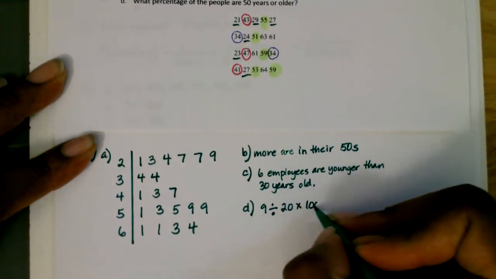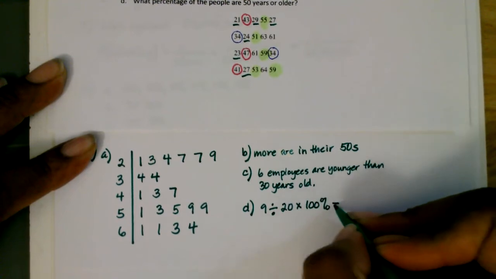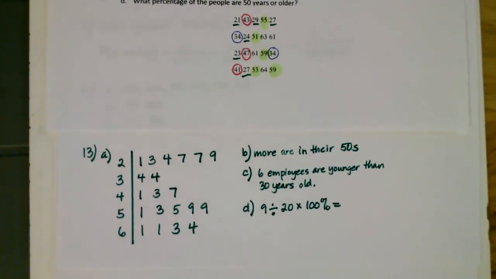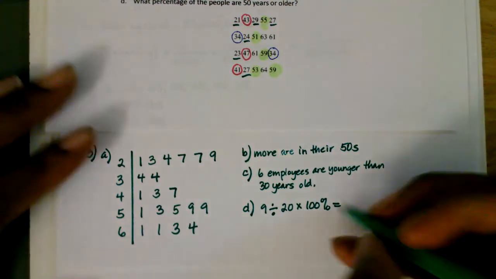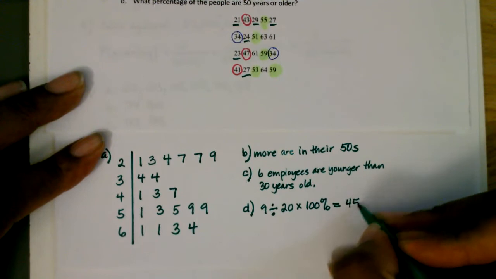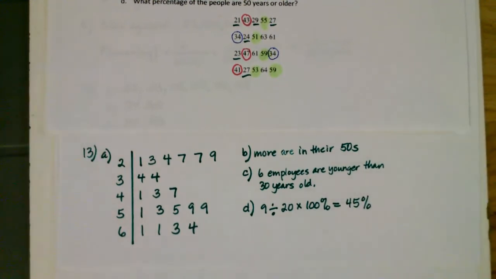And then multiply that by 100%, because they ask for what percentage. So 9 divided by 20 times 100 gives me 45%. That means 45% of the people are 50 years or older.